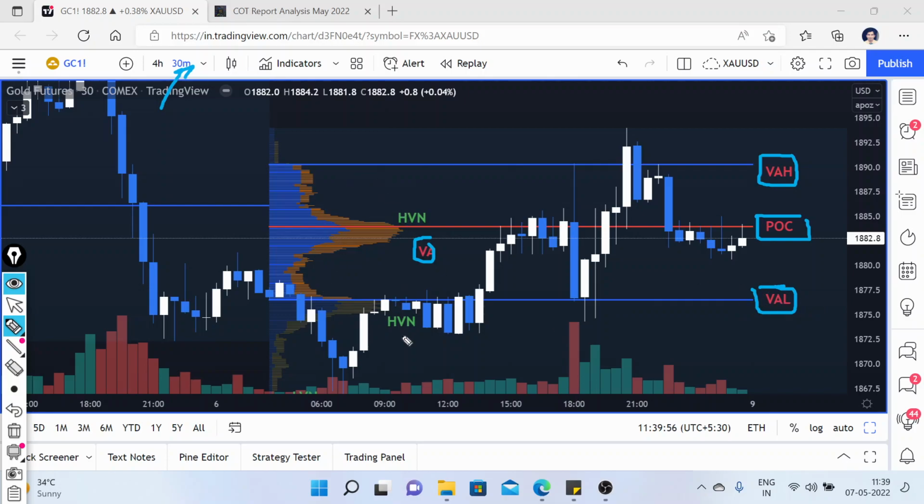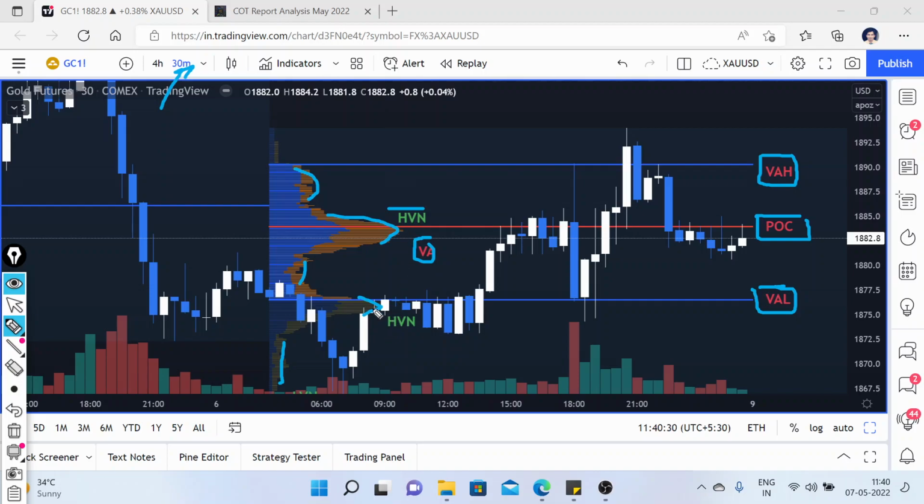The next term is HVN. You can see these are the valleys, this is the low value valley, this is a high valley, this is also a high valley area, this is a low valley area. I'm talking valley, I'm not talking about value. The HVN we call the high volume node.